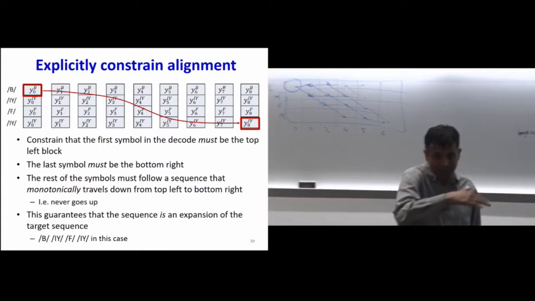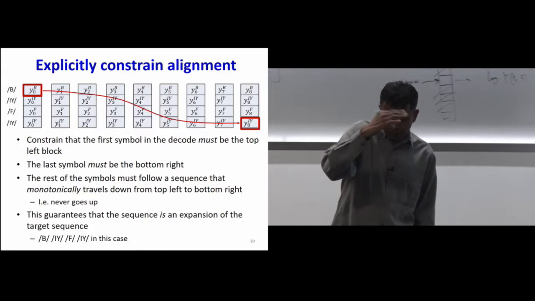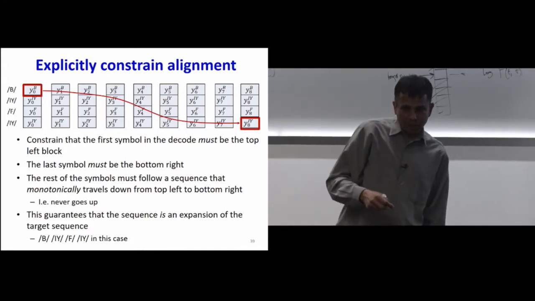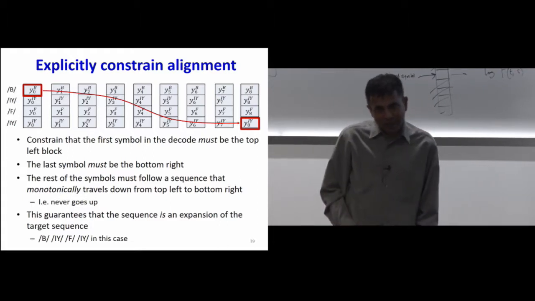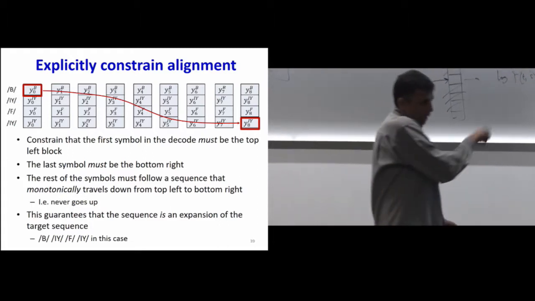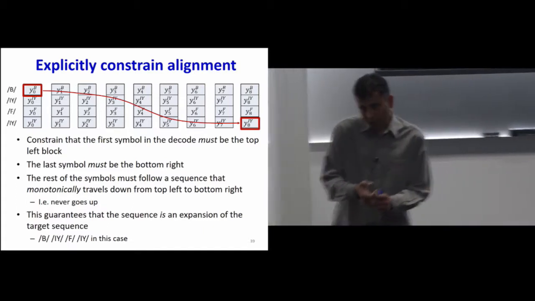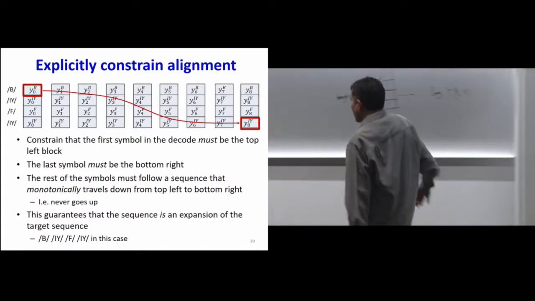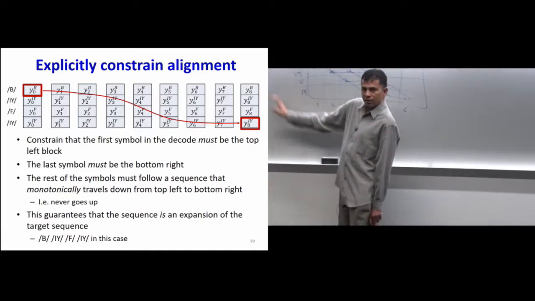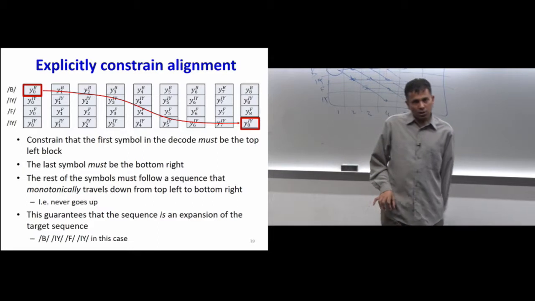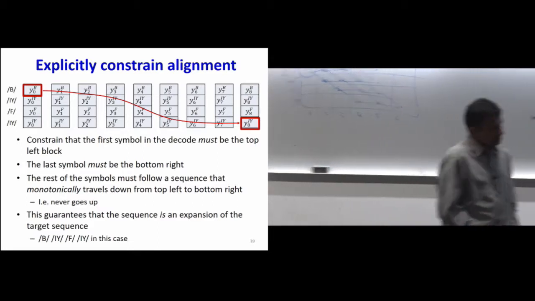It's going to visit every symbol, in the sequence that I desire, because of this constraint. And now I'm guaranteed that the alignment I get is going to collapse to the word sequence that I choose, because this is the input length and this is the symbol sequence length. Any path can be collapsed to a sequence of symbols on the y-axis, right?